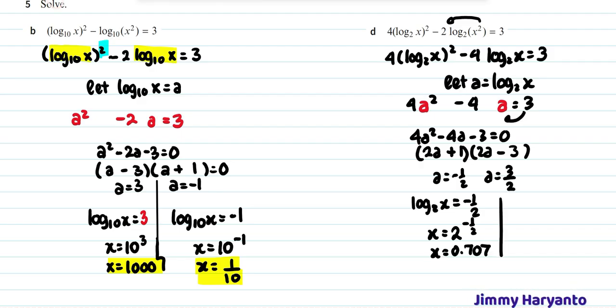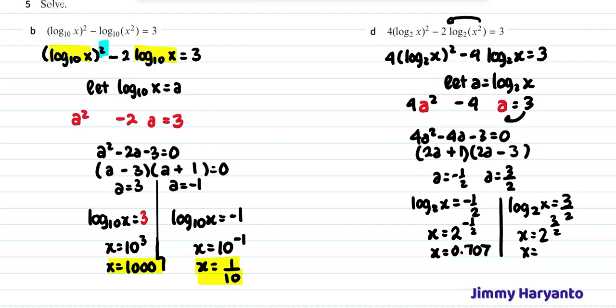And for the second one, you will have logarithm of 2x equals 3 over 2, so x equals 2 to the power of 3 over 2, x equals 2.83.